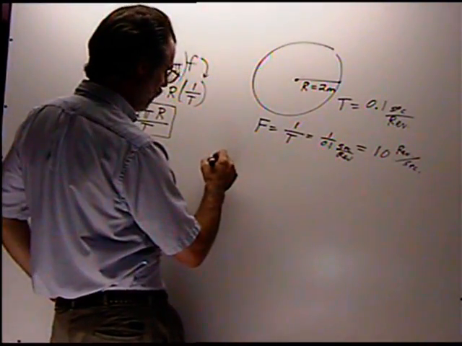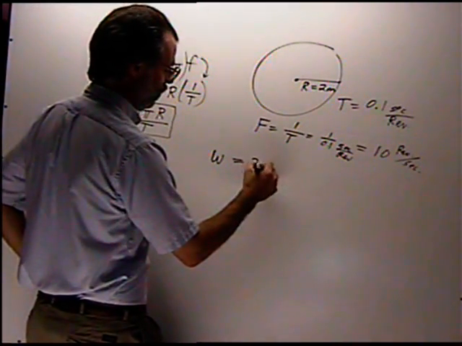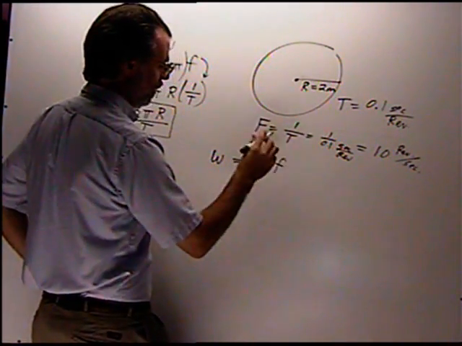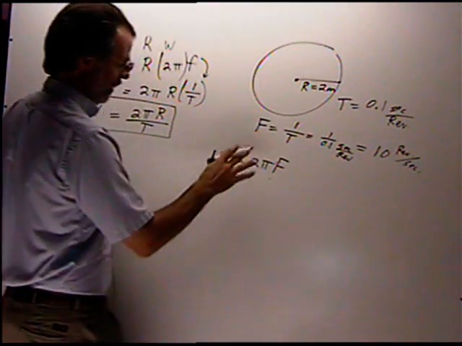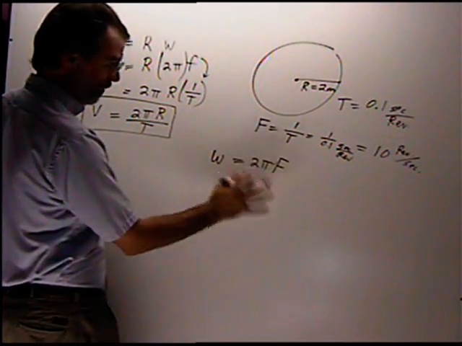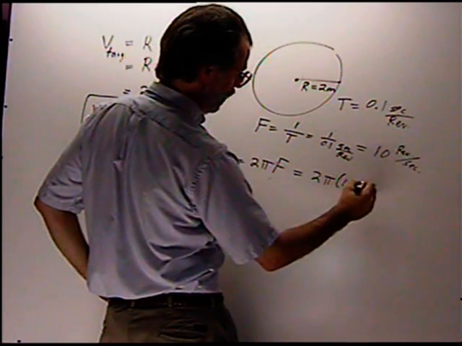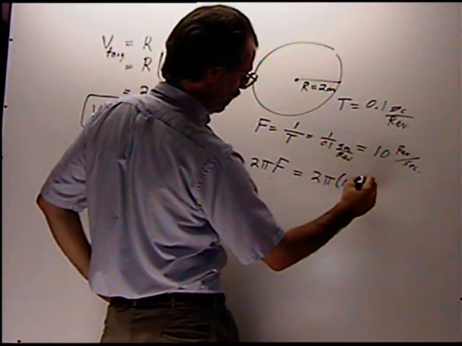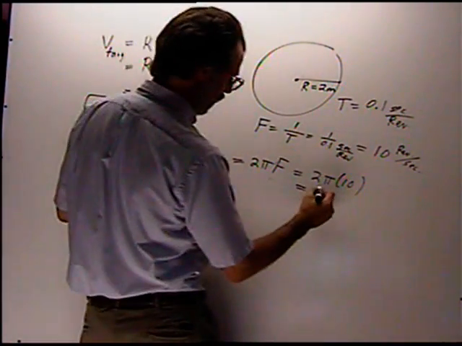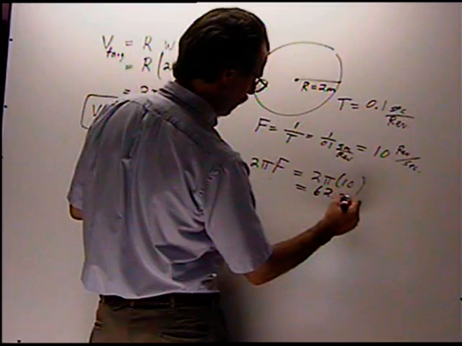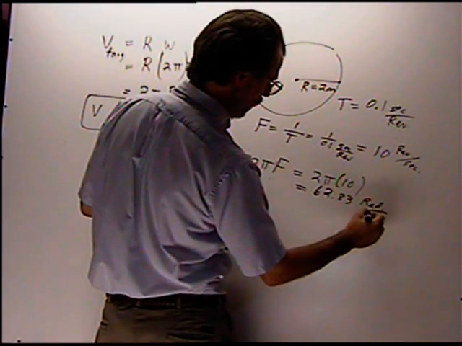Okay, the angular frequency, which is 2 pi F, whatever you have the frequency, you just multiply it by 2 pi. So it's simply 2 pi times 10, which gives us 62.83, I think, radians per second.